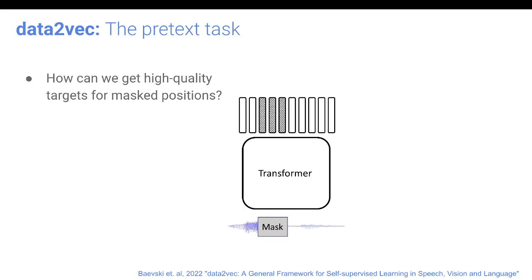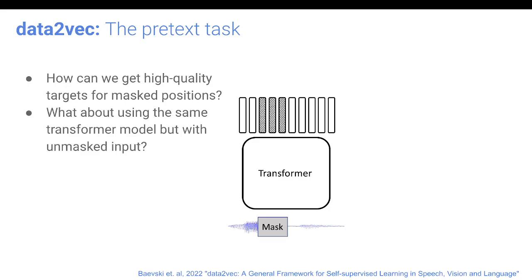The core idea of Data2Vec, again, revolves around where I can get the targets. If you have a masked input, you run it through a transformer network, and you have your latent representations. Where can I get high quality targets for these masked positions?